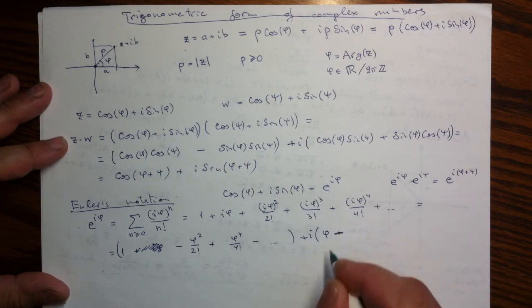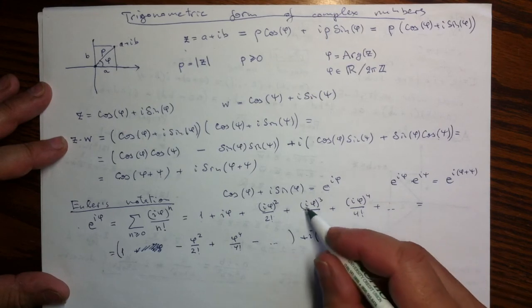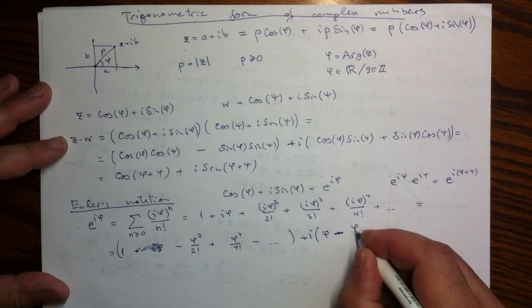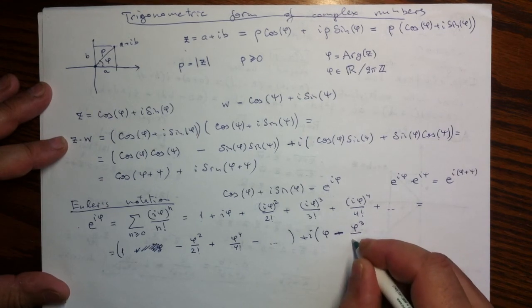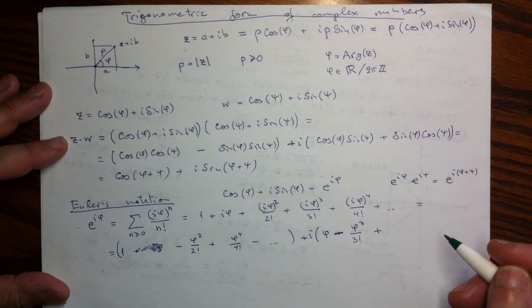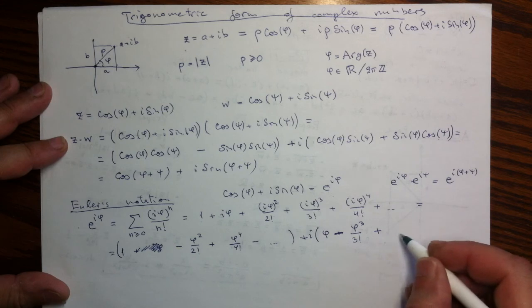I already took an i outside, so after that it will be just -1, just i squared, and that is the coefficient for phi cubed over 3 factorial. Then I have plus again, coming from the 5th power. And again, you can see what happens.